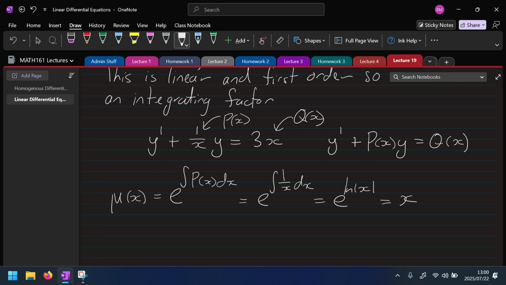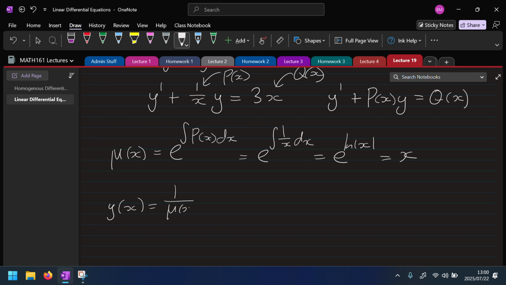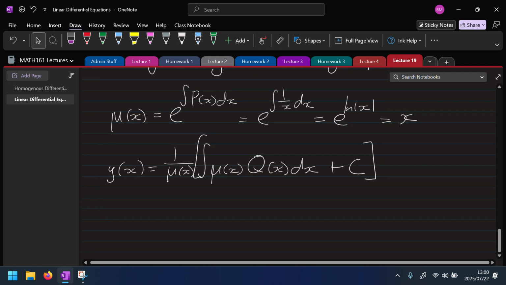Once we have the integrating factor, we can directly write out the solution. So y of x is going to be 1 over the integrating factor, the integral of the integrating factor times q, and then plus c. Again, once we have the integrating factor, the solution is just substitute and integrate.